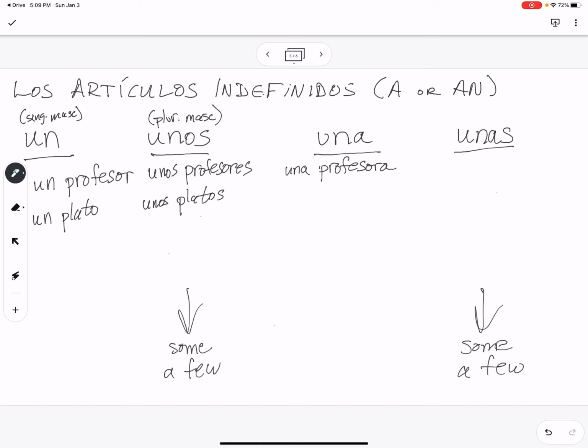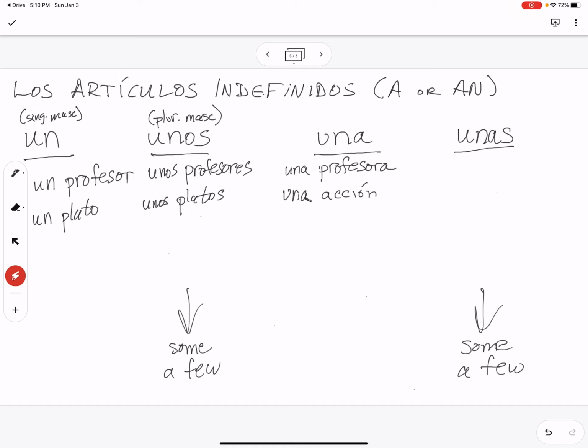And let's do una acción. So una profesora, that is a teacher or a professor. And the fact that it ends in an A tells you the gender of this professor. This is a gendered noun. Una acción ends in ión, so that tells us that it's feminine. Una acción, an action.